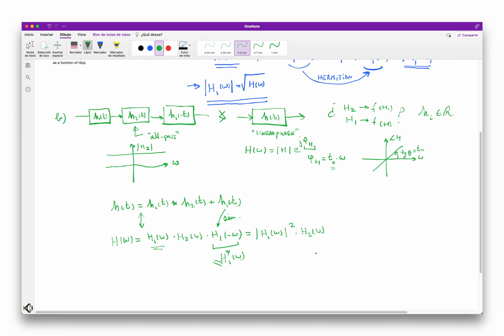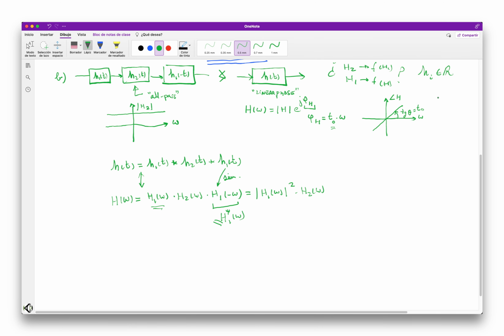So far we have only applied the condition that the impulse response of h1 is real, to say that the frequency response is Hermitian. So far only that.